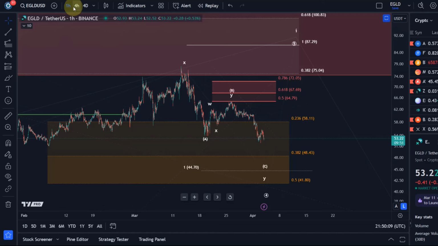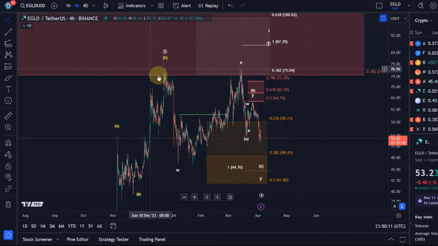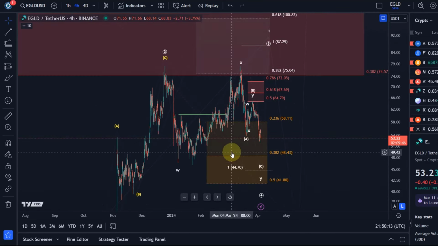So it's going to be quite interesting how the price is going to manage that, but the idea is that we are close to the completion of this wave 4 correction. Plenty of space still in the support region, and we are dealing likely with this complex WXY, and it doesn't look finished yet, but it is worth keeping an eye on these support levels that I mentioned.